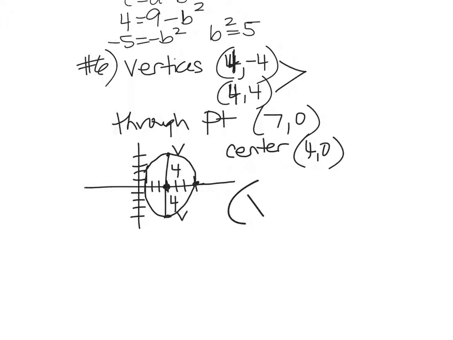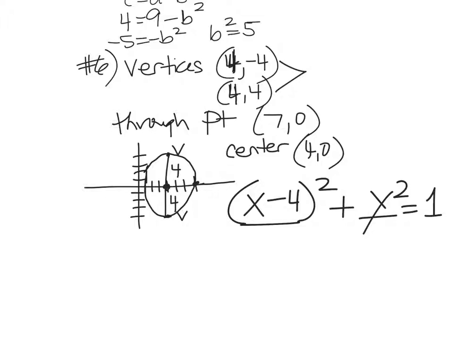We've got (x - 4)² plus, you don't want to write (y - 0)², just write y² equals 1. And then, because of this point they gave me, (7, 0), this is the distance of 3. You see that? You just graph it. So you get 9 here, and the distance up and down is 16.